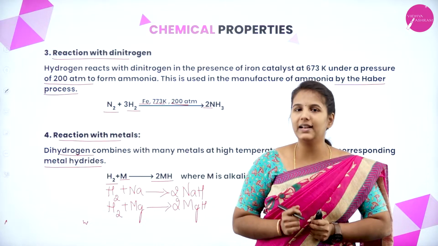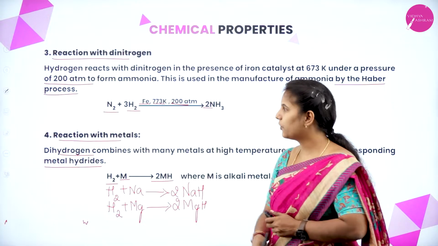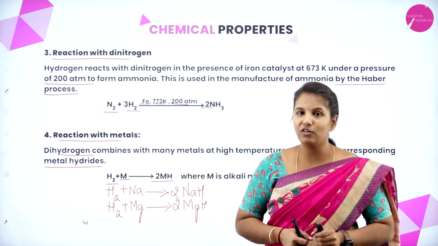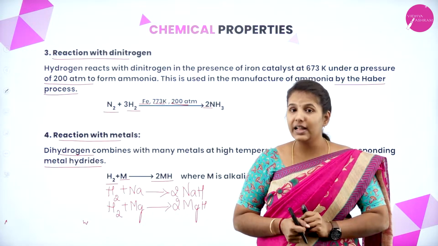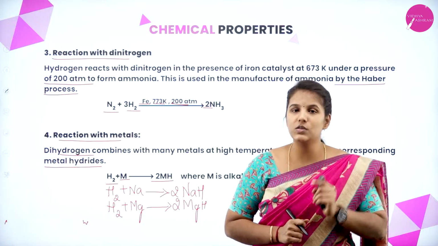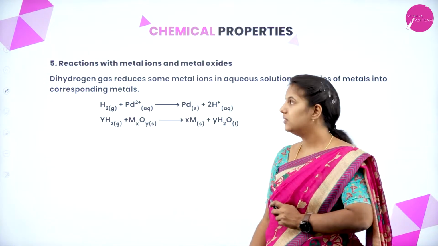More about the metal hydride, I will explain in the next slide. So, hope you all understood how our dihydrogen reacts with dinitrogen to form ammonia, and how it also reacts with other metals to form a metal hydride.